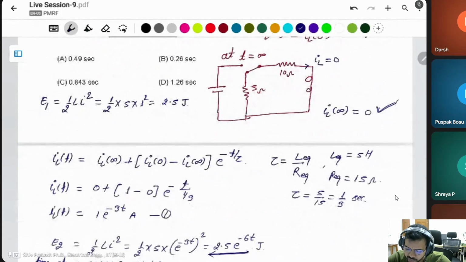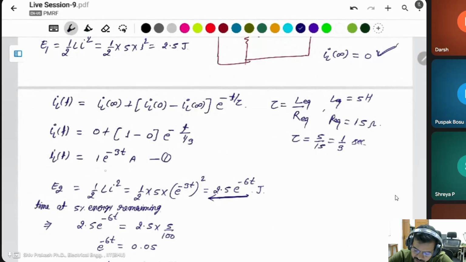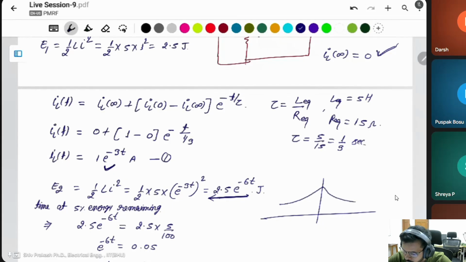That current will be operated in this condition. This current is flowing like that. You can say initially this inductor will be charged, like that. Then after, it will be discharging.